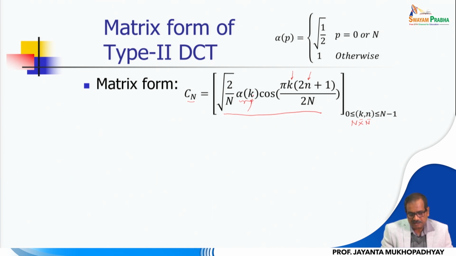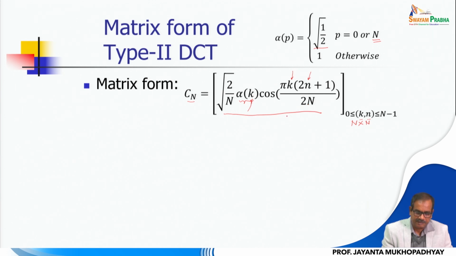You should also notice that there is a scaling term in the elements, which is row dependent. So, for the first row, which is k equal to 0, the value of alpha k would be root over 1 by 2. This n is not valid in this case, but there is a transformation matrix, particularly the type 1 DCT, where for the equivalent n point DCT you have to use n plus 1 point DCT, because the period is twice n.